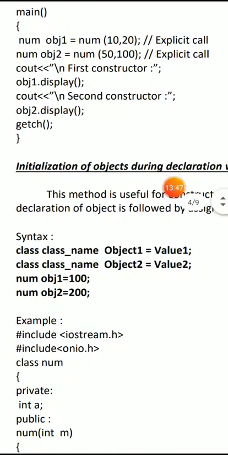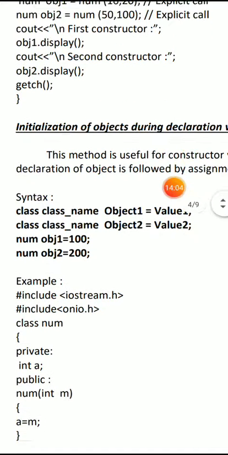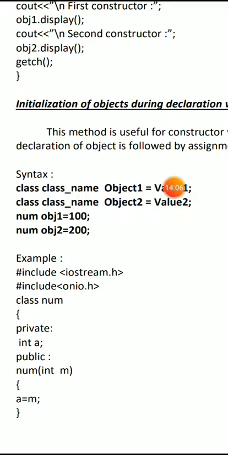Here I have given you the syntax: class name object1 equal to value. The word class is extra here, remove that; only class name, object1 equal to value, class name object2 equal to value. Example: num obj1 equal to 100, num obj2 equal to 200.